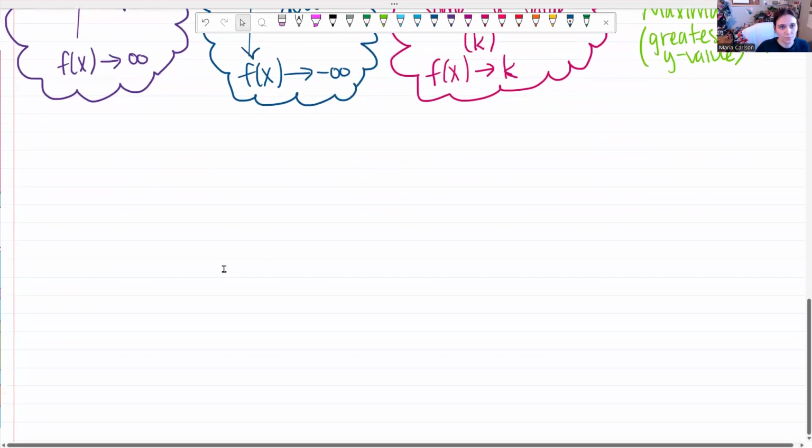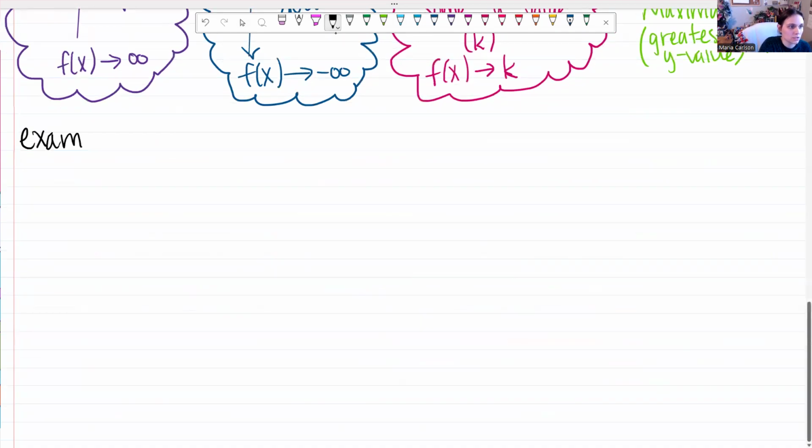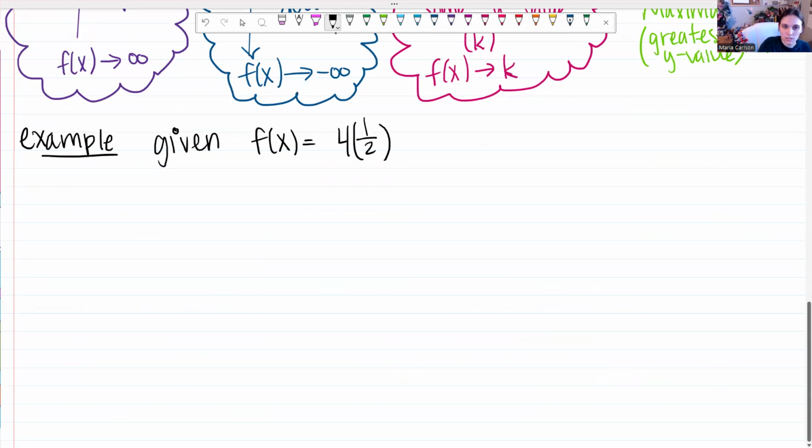Let's look at an example. We're just going to do one example with multiple parts. So the example is going to be given that f of x equals 4 times 1 over 2 to the x power plus 2.